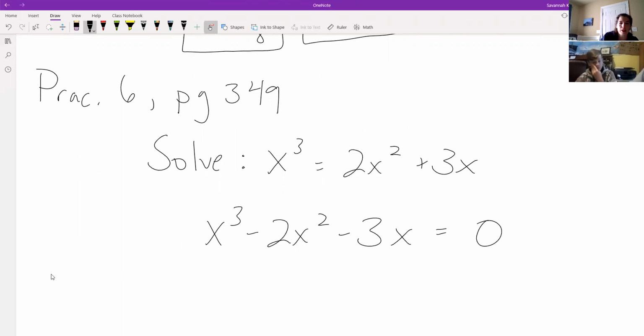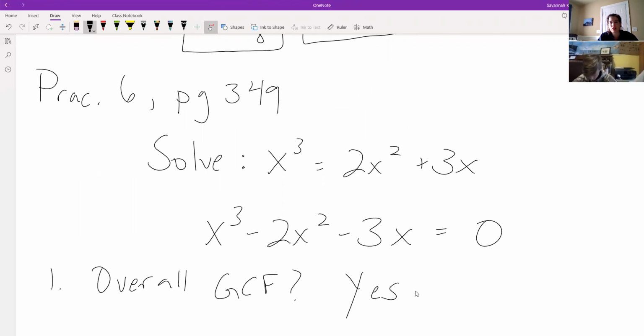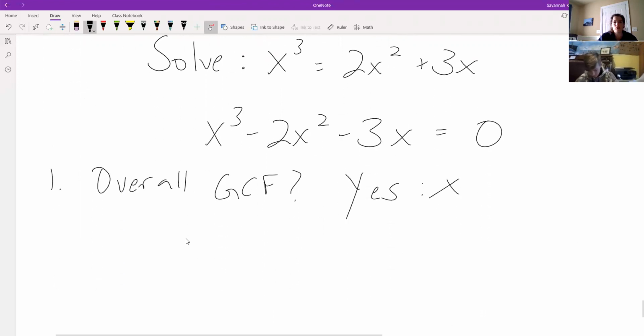Okay, so finally, they're going to give us something where when I ask, is there an overall GCF, it's no longer just checking a box. There actually is an overall GCF, and it's really just X. So I am going to factor out that X.